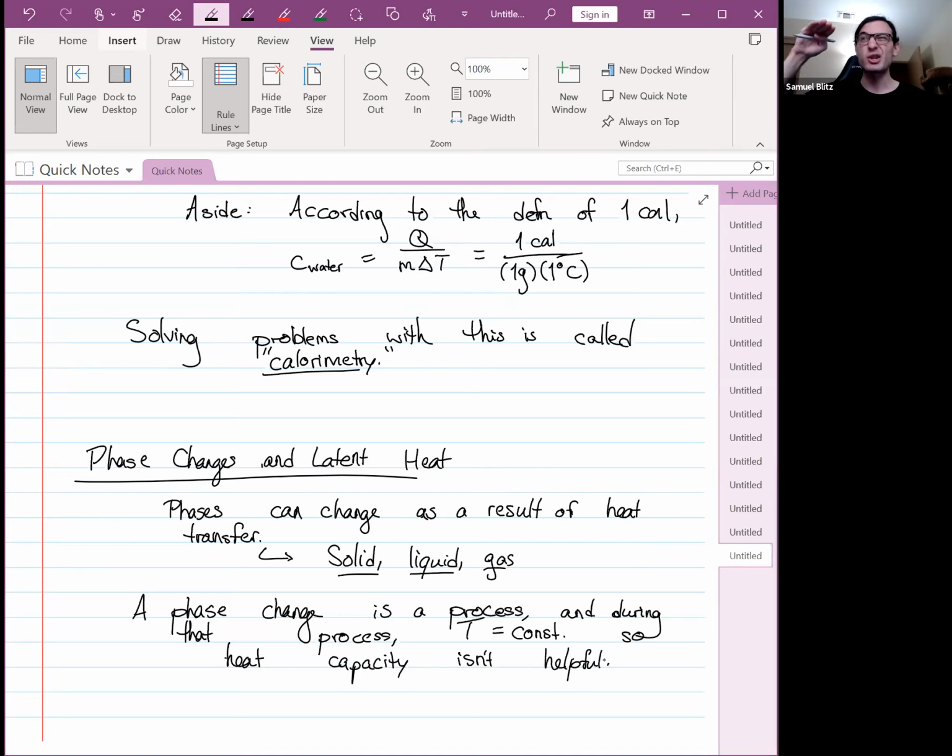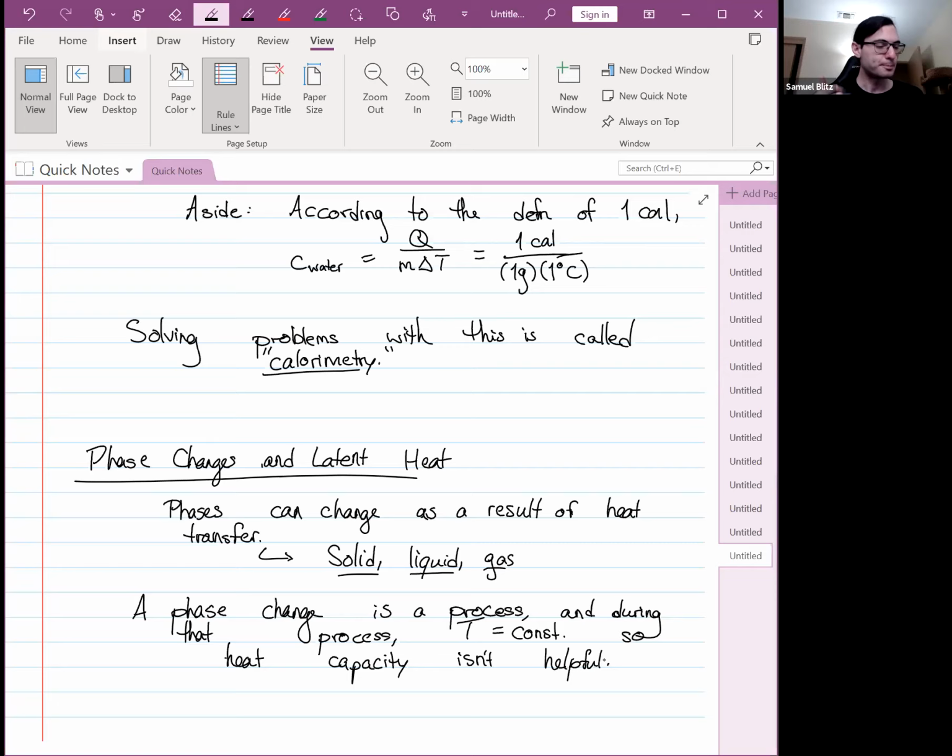Then you keep adding energy, but its temperature stays flat because it's melting now. And then once it's all liquid and you add more energy, its temperature increases. Then its temperature increases until you get to another special temperature where, again, you keep adding energy, but its temperature is not changing. But that's because now it's vaporizing. It's turning into a gas. And so you add energy until it's fully turned into a gas, and then you can add energy and increase temperature again. The point is that there are two separate things happening here.